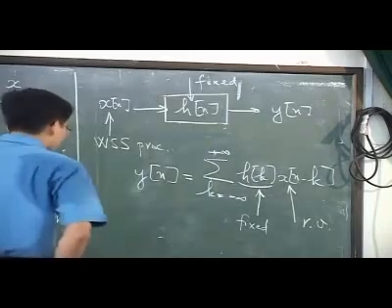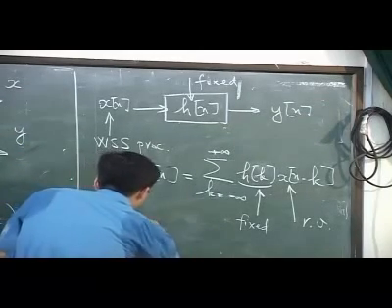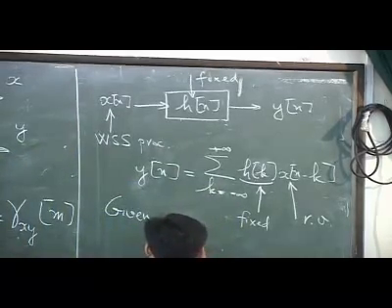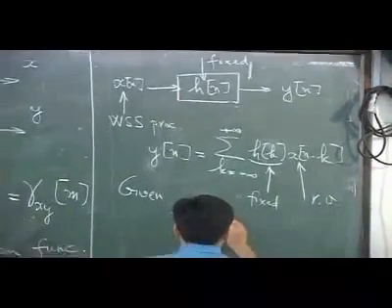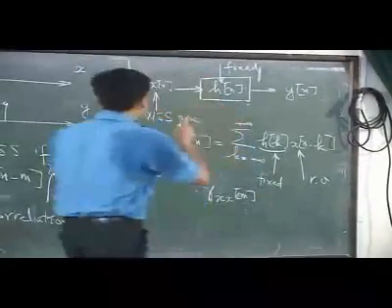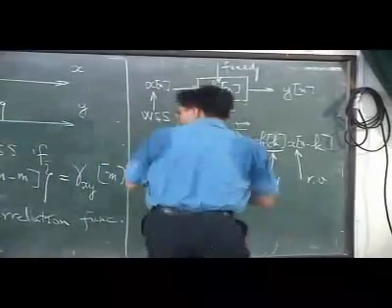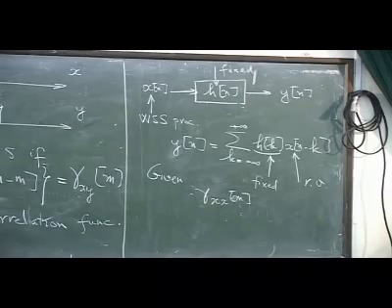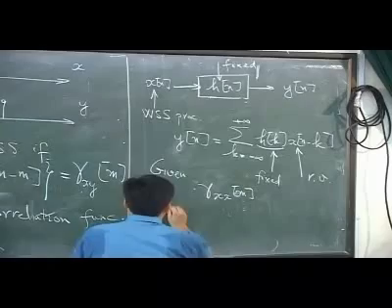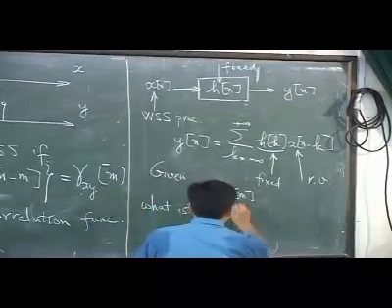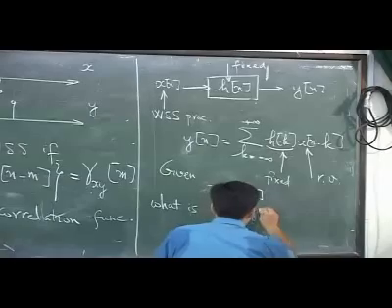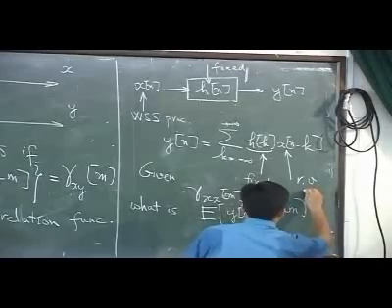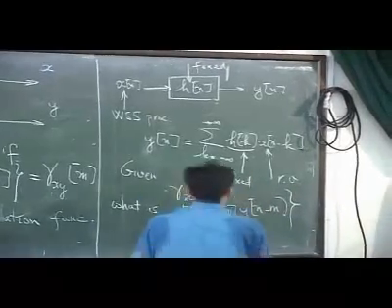Now the question is, given that I have gamma_xx[m], because x is a wide-sense stationary process, and given that it is defined like this, we want to find the expectation of y[n] y[n minus m].